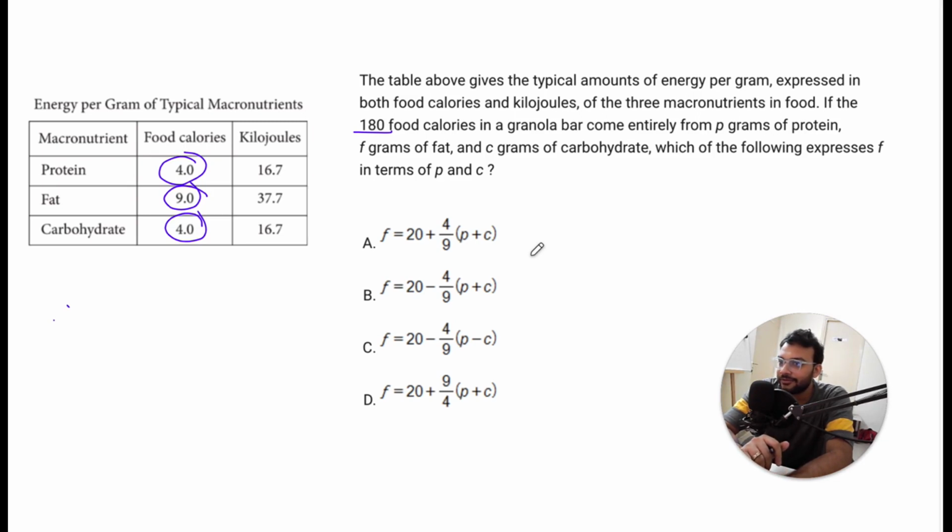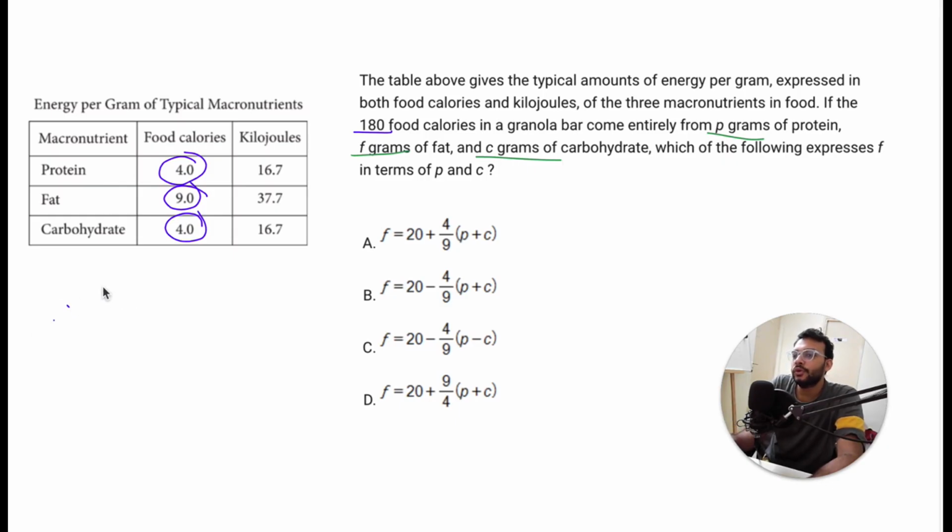If you try to arrive directly at these expressions, it'll be difficult, but go in a step-by-step manner. As you can see, each gram of protein provides 4 calories, each gram of fat 9 calories, each gram of carbohydrate 4 calories. Let's say we have, as they've given, P grams of protein, F grams of fat, and C grams of carbohydrates. Add them together.